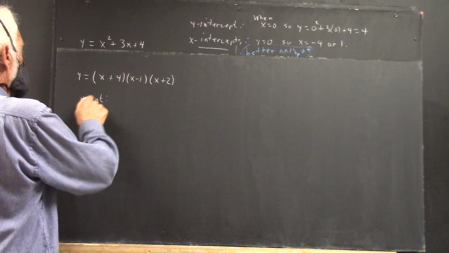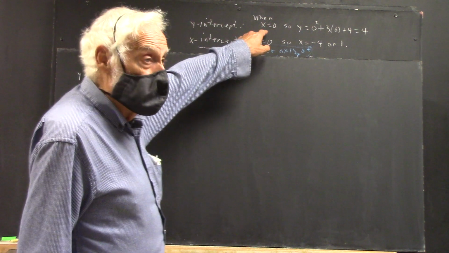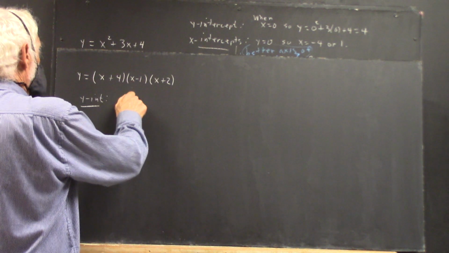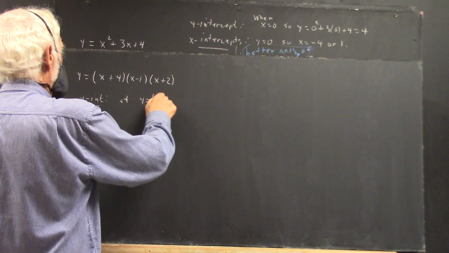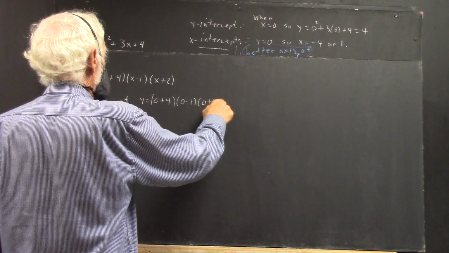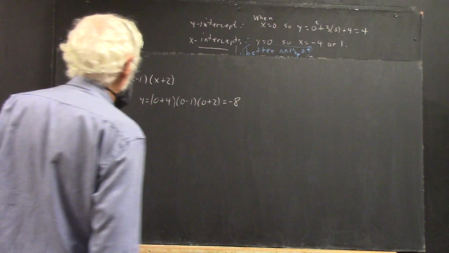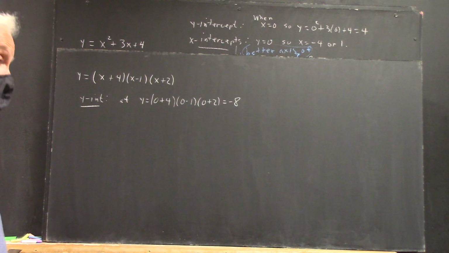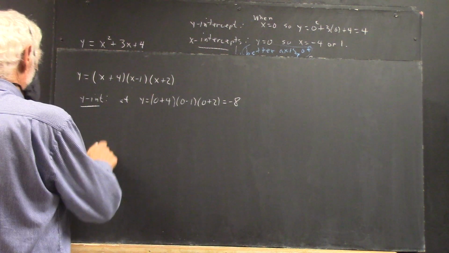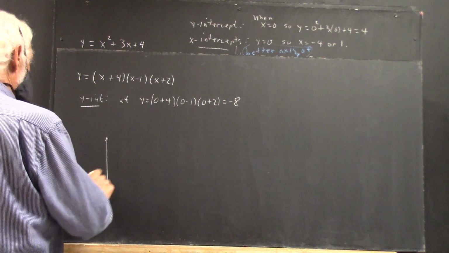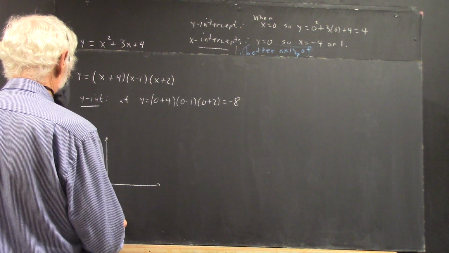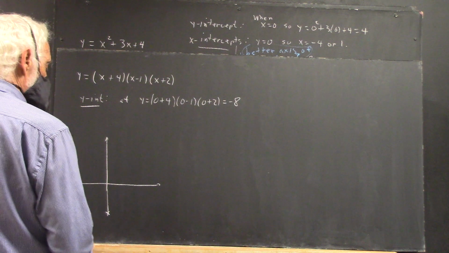How do you get the y-intercept? Well, it occurs when x equals 0. So now the y-intercept is at negative 8. Means if you want to construct this graph, your y-intercept is down here at negative 8.